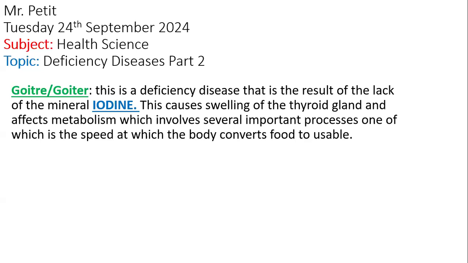But if your metabolism is slow, then you would be lethargic, lazy, and more than likely overweight. One of the glands that are important in metabolism is the thyroid gland. But with goiter, this is affected because it's swollen.